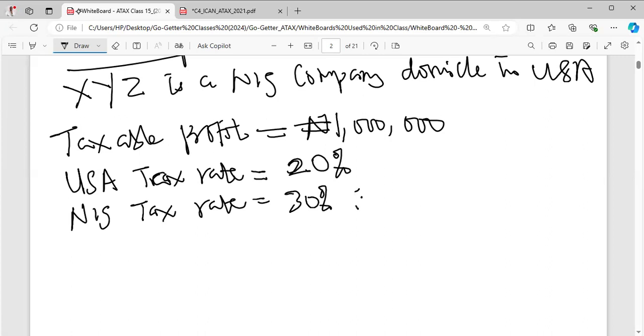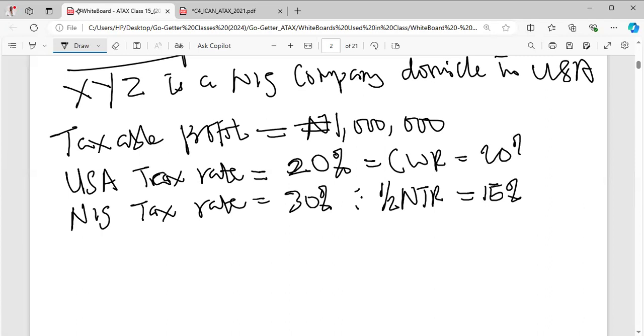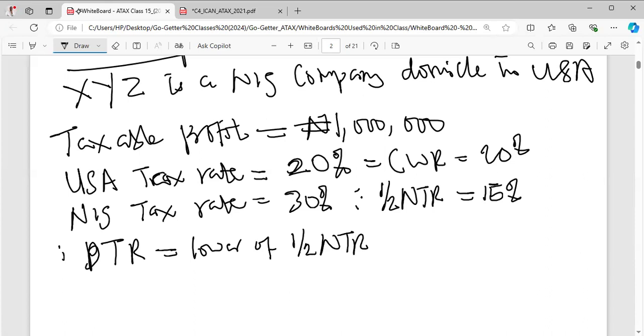Therefore, half NTR should be what? 15%. Because this is the CWR, 20%. Therefore, double taxation relief will be the lower of half NTR and CWR, which is 15%. So that's it.